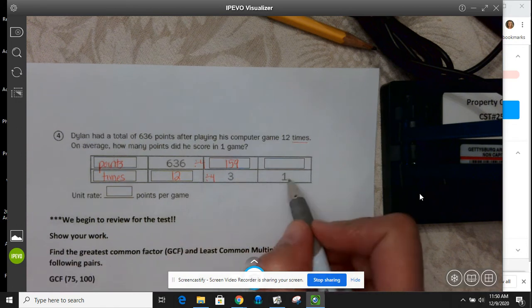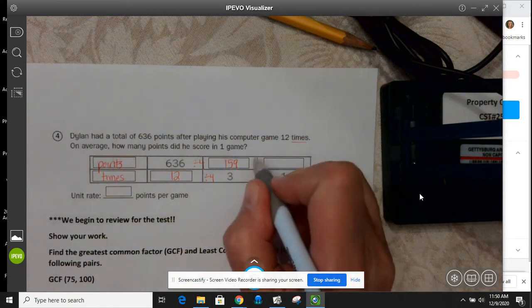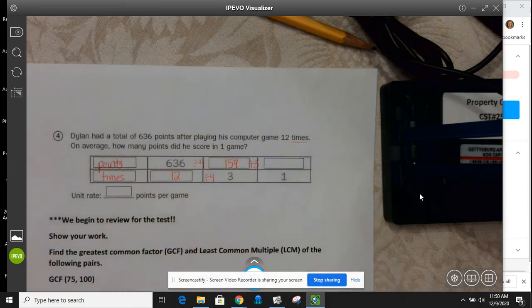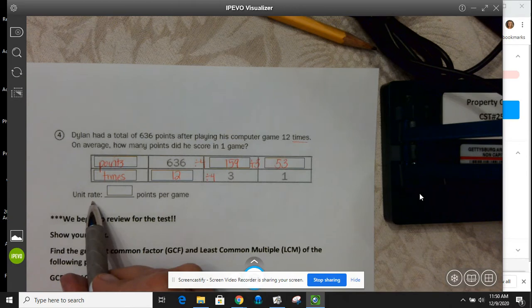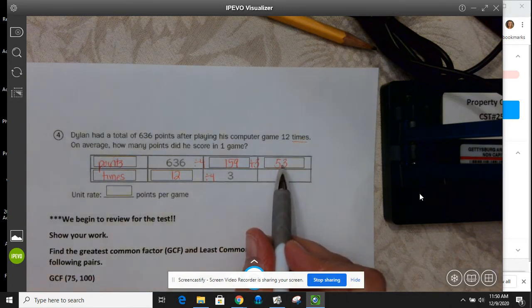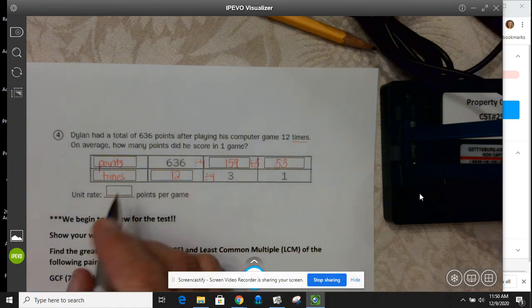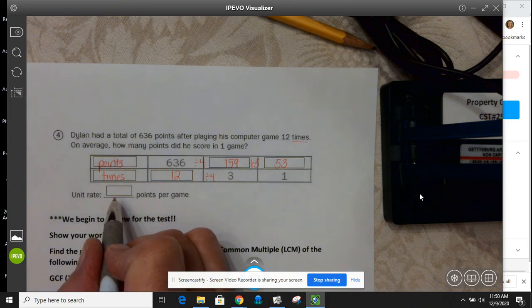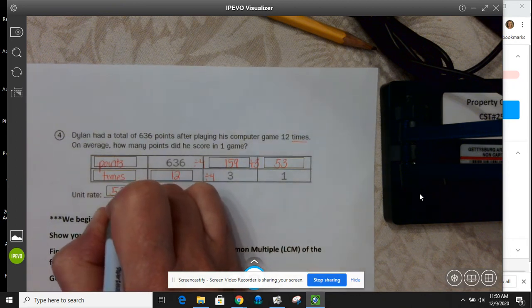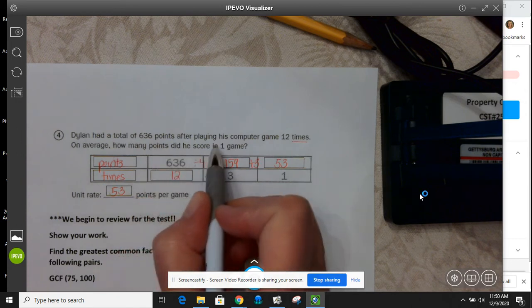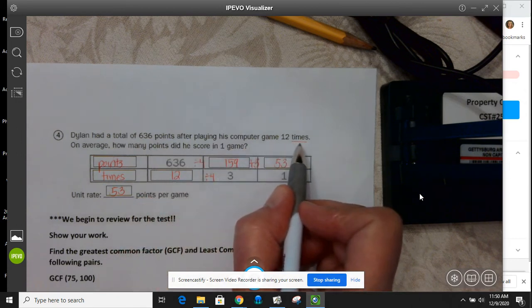Working backwards here, our 1 unit. 3 divided by 3 is 1, so you're going to take 159, divide by 3, and you get an answer of 53. So to answer the question, the unit rate is 53 points per game. And I'm looking here at how I points, playing computer game 12 times.